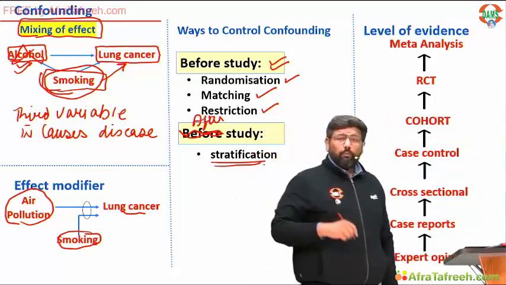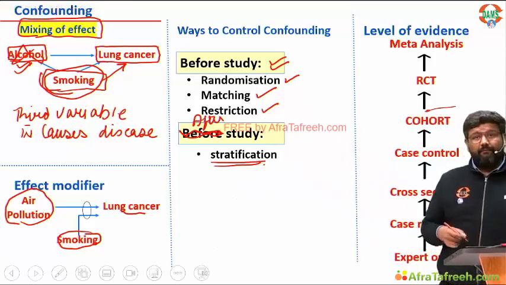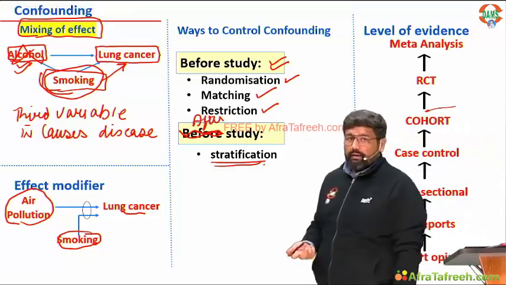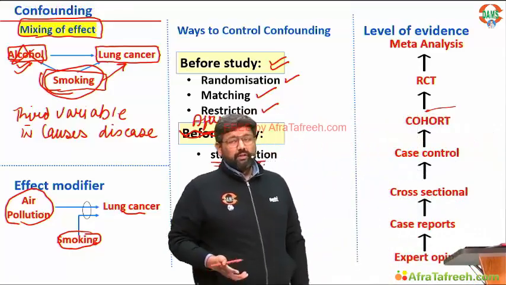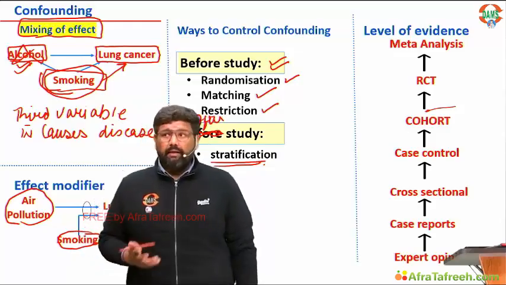Now if I talk about level of evidence, the first is meta-analysis, then we have RCT, then cohort, case control, cross-sectional, case reports, and the last is expert opinion, right?